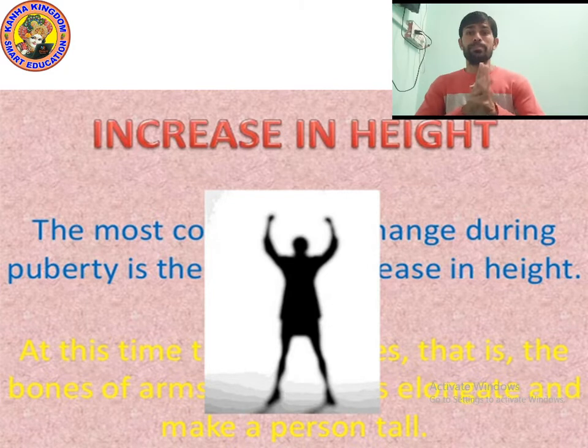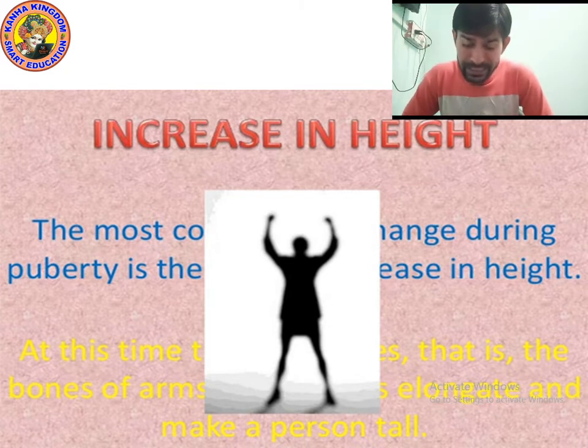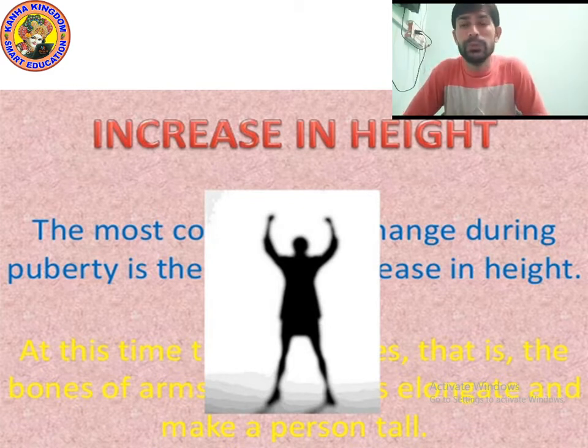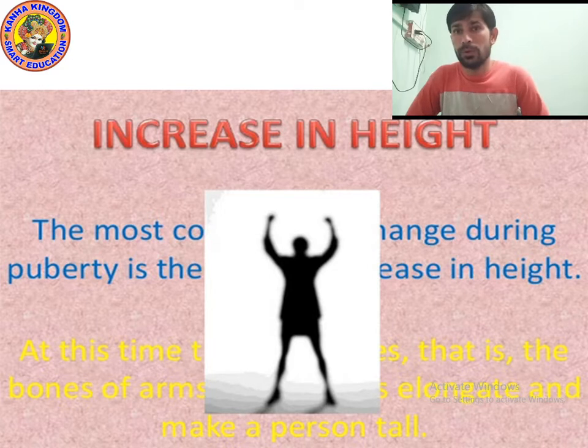Please try to understand, your brain is developing at this age and you are becoming mature, so you need to think about what is right and what is wrong. If you are confused, you can ask your teacher or take the help of your parents, or of a teacher with whom you can talk freely without hesitation.